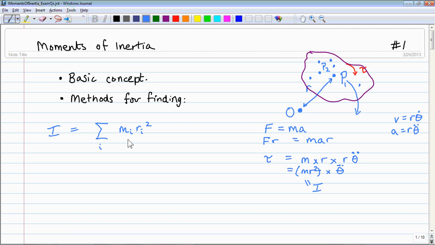Now, of course, summing is not quite right if we're talking about, let's say, a uniform body. In other words, suppose a body has a uniform density, rho. Then it doesn't make sense to add up individual particles. What we're really doing is integrating, right? Well, this is not really equals, is it? Let's say it's sort of like a sum. And now, what are we summing over? We've got to be a bit careful.